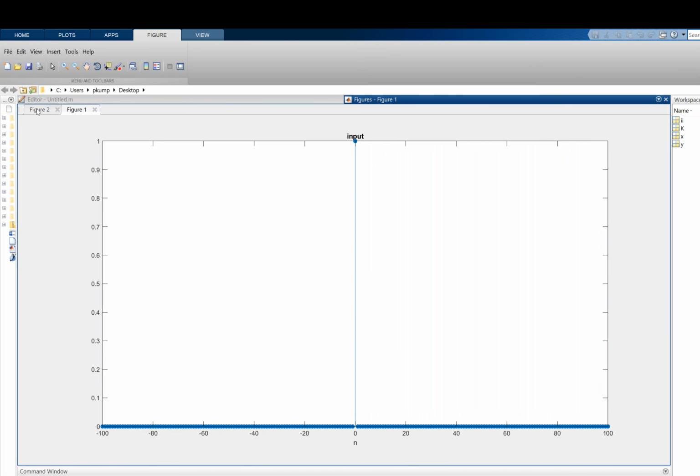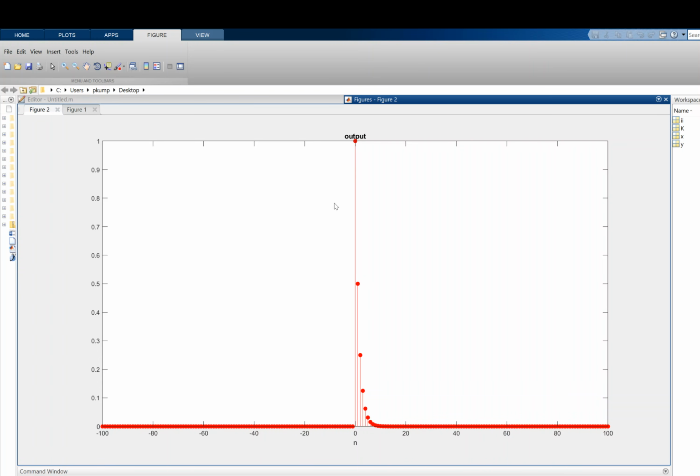Now the output is figure 2. Here's the output. The output is 0 until the origin, which is the causality assumption. Then at the origin we input that impulse, so the output goes to 1, then 1/2, then 1/4, then 1/8, 1/16, 1/32, 1/64, and so on.